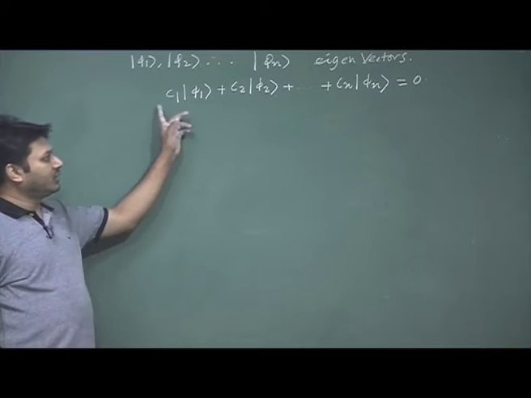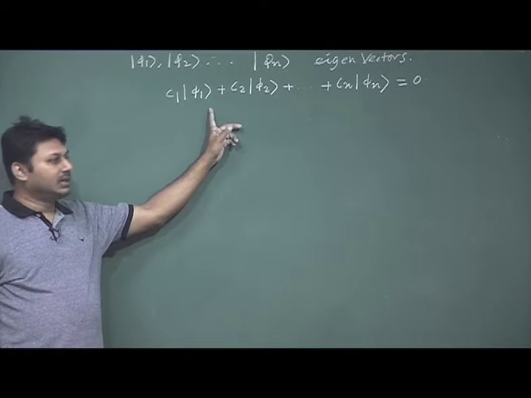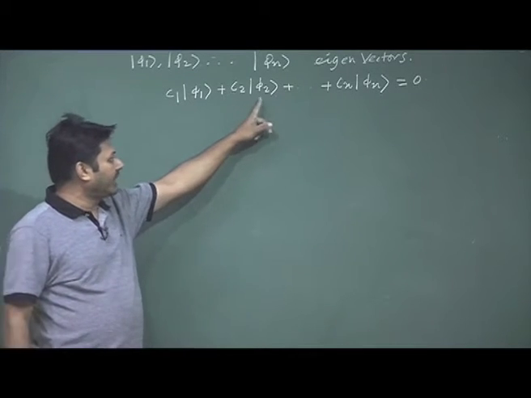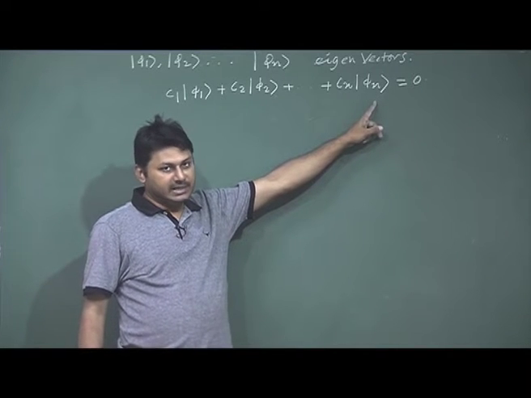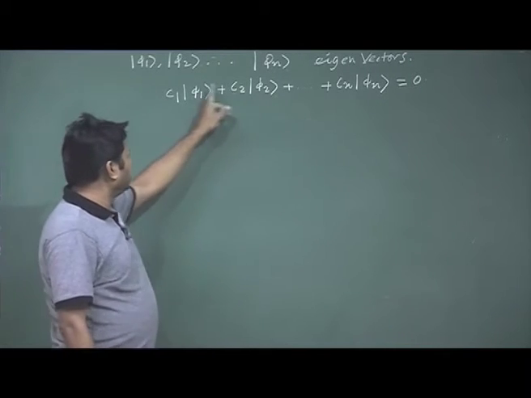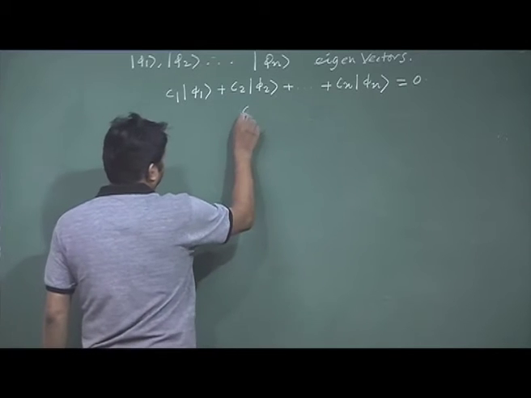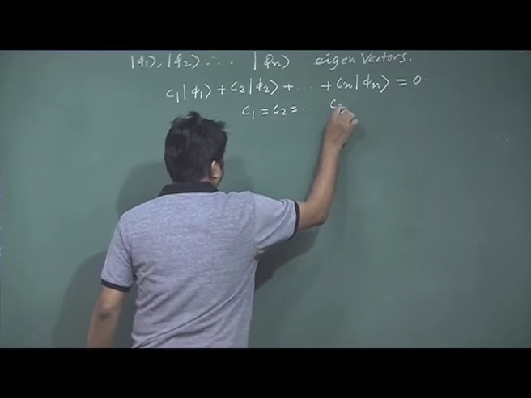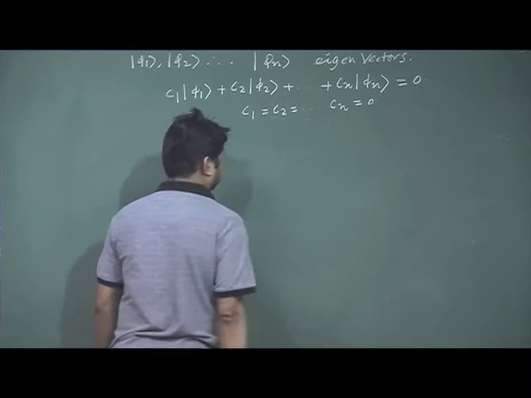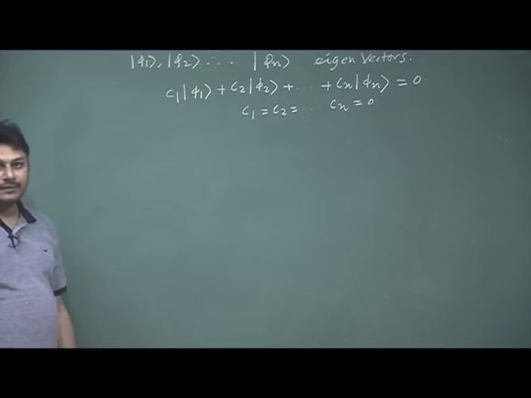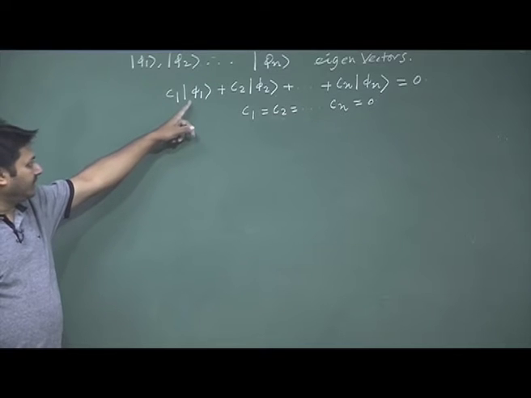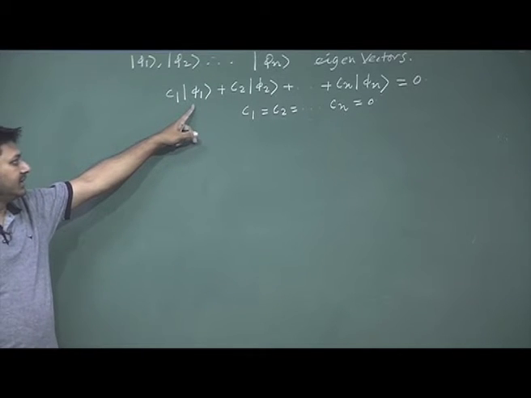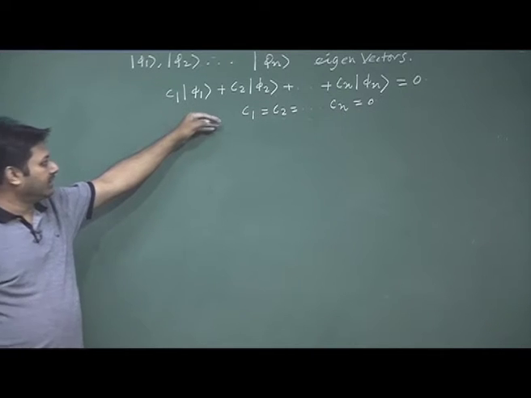If phi 1, phi 2, ..., phi n are linearly independent, then the only trivial solution is C1 equal to C2 equal to Cn equal to 0. So I need to prove that if these are the eigenvectors of A with distinct eigenvalues, then all the C's are 0.